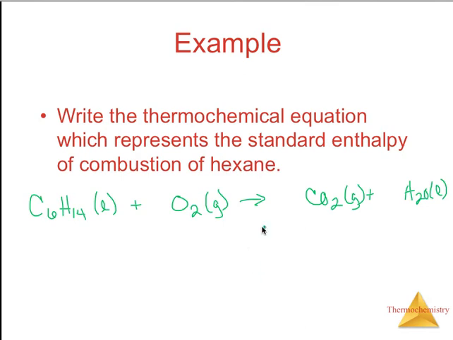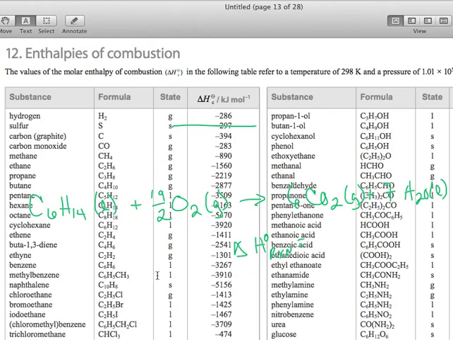So now we're going to balance it. 6 carbons gives me a 6 there, gives me a 7 there. 6 times 2 is 12, plus those 7 is 19, so I have 19 halves of oxygen. Now it asks for a thermochemical equation, so I have to find the delta H of the reaction. Where do I find that? It's right here.